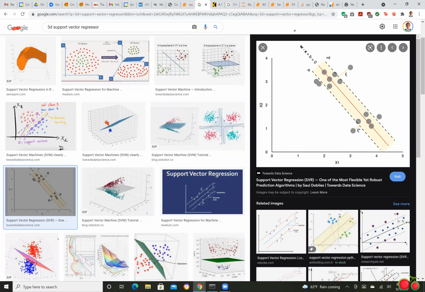Okay, so the reason why I'm explaining this concept to you is, in an interview, they will ask you, hey, SVM, can you tell me what support vectors are, right?